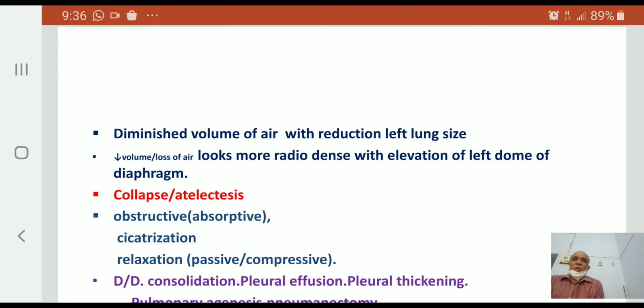Now the types of collapse are: one is obstructive, second is cicatrization, and third is relaxation or passive or compressive. Now the obstructive collapse occurs when there is obstruction of the airway from an intraluminal, extraluminal or mural lesion.